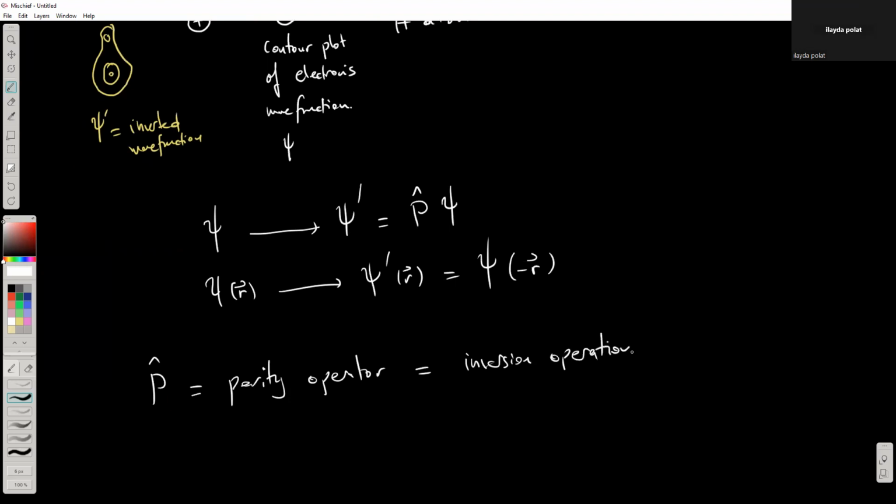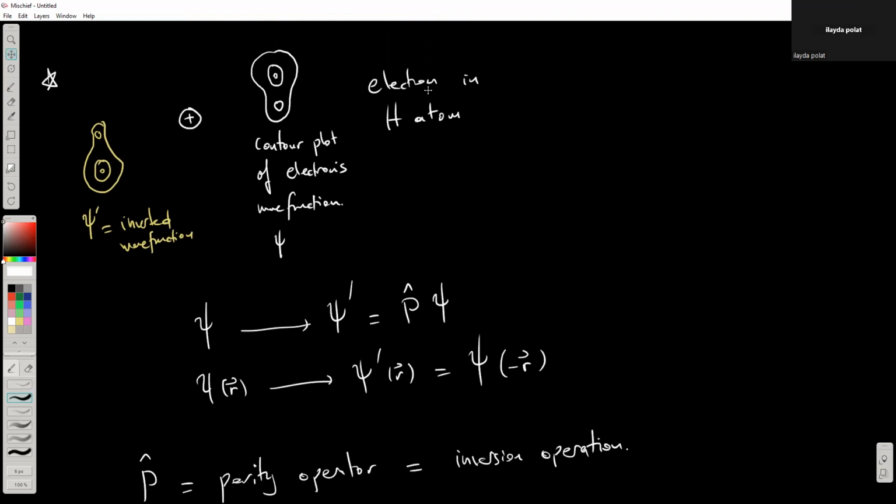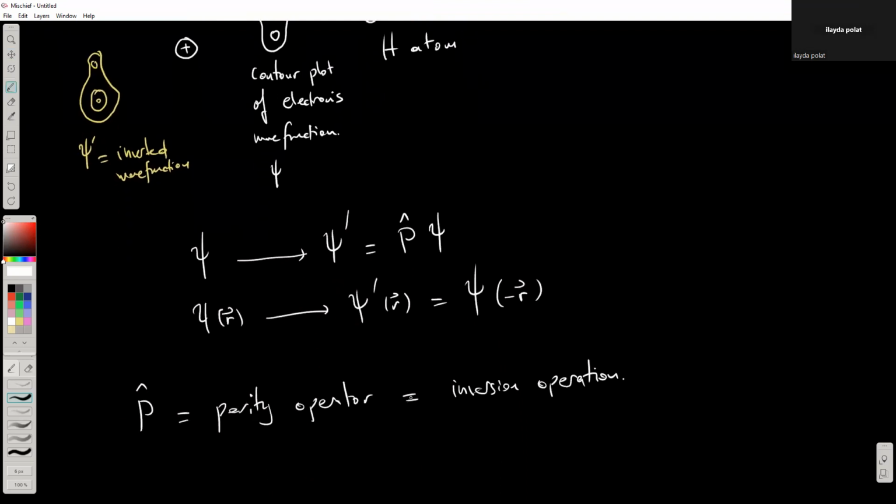Okay. But we have to distinguish this from the abstract inversion operation as an element of the group O3. All right. So there's this abstract inversion thing. That's a geometrical operation. This is a mathematical operation that acts on the wave functions of the hydrogen electron in the hydrogen atom. It's actually a mathematical operator.